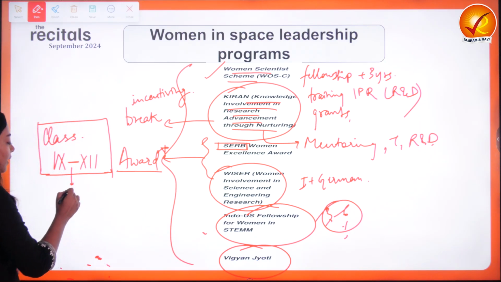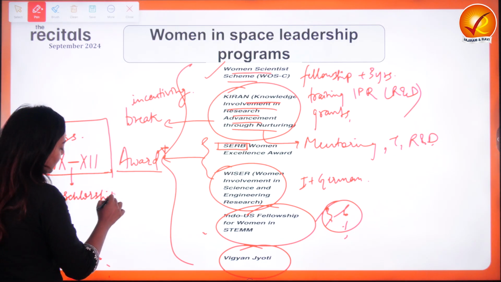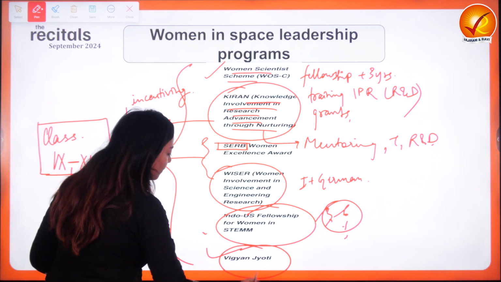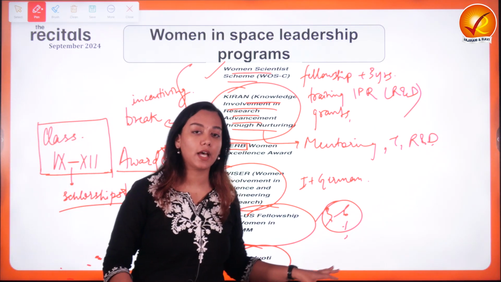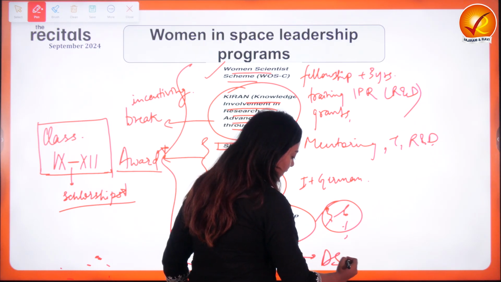This is also done by conducting an exam and providing them scholarships. Scholarship, mentoring, hand-holding, all of this is given to students from 9th to 12th standard under the Vigyan Jyoti scheme, which again comes under the Department of Science and Technology.